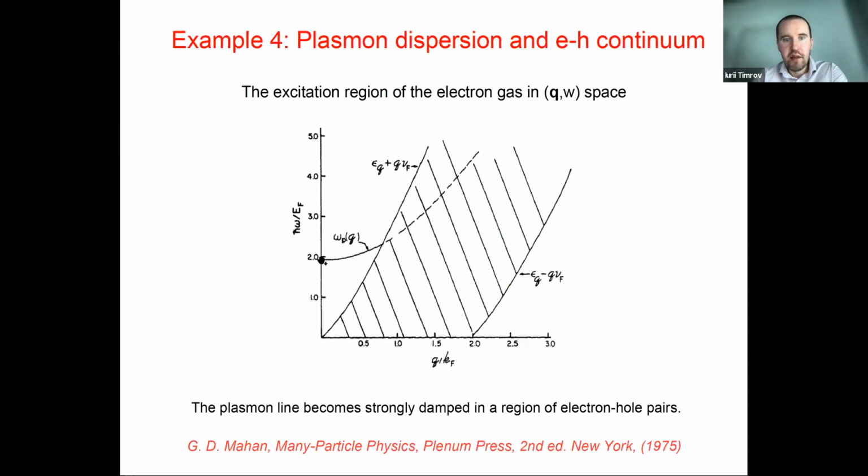When the plasmon dispersion touches and then continues into the dashed region, the energy of the plasmon is lost. It's transferred to the excitations of electron-hole pairs. If you're interested in more, you can read about it in this book shown below, for example.